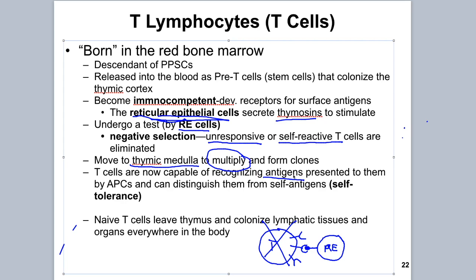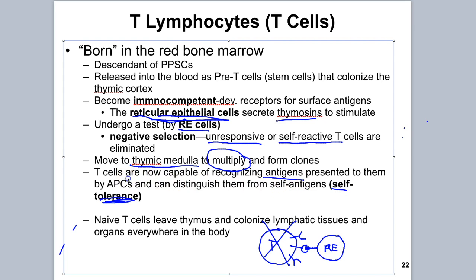And if they bind self-antigens, they won't attack them. They won't kill our own cells, okay? So they're what we call self-tolerant, okay? They're self-tolerant, and they can recognize foreign antigens, and they will destroy foreign cells if they encounter them.